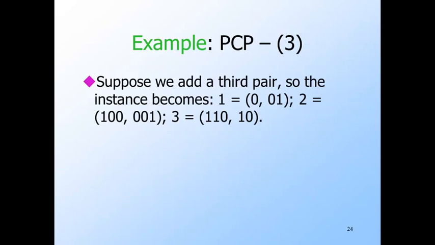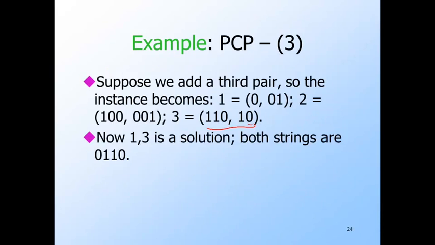On the other hand, let's change the instance a little by adding a third pair, 110 and 10. Now the list of indexes 1, 3 is a solution. From the first strings of the pairs, we get 0 followed by 110, which is 0110.